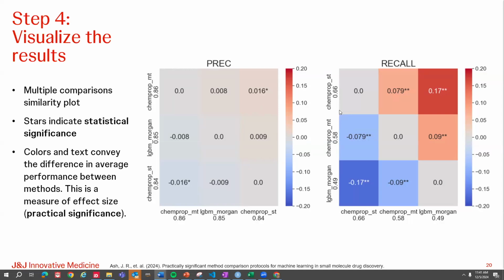To simplify the interpretation, the plot sorts methods on rows and columns by their average performance, and the top left block of methods without statistically significant differences are all plausible top performers. So for precision, we have no practically significant difference, even though there is a statistically significant difference here. And then for recall, there's clearly a practically significant difference between models.